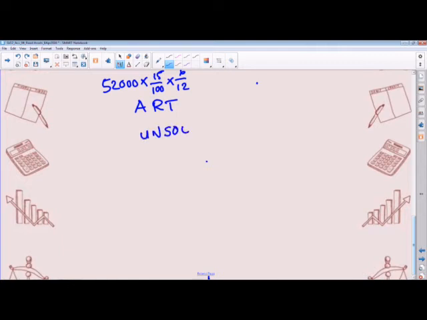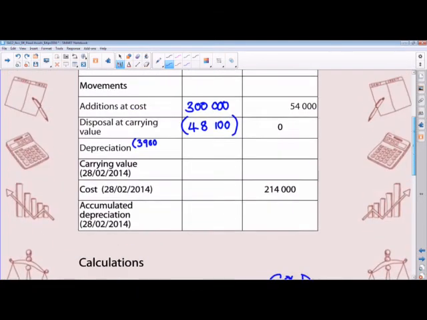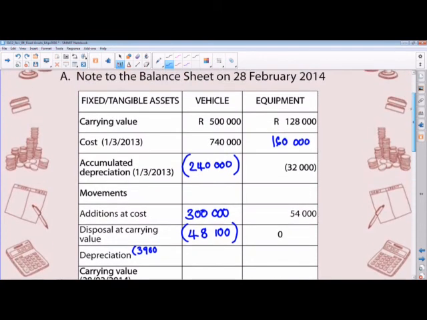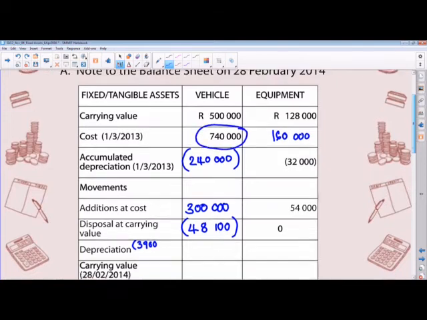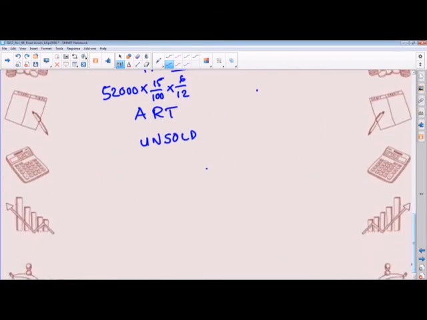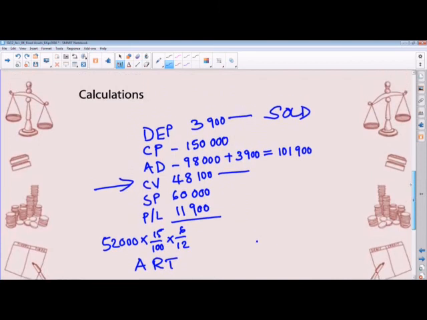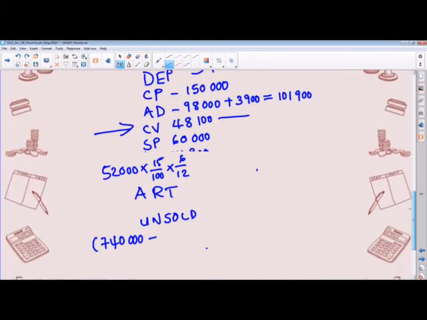And when it comes to unsold, let's start off with my given information. My vehicles had a cost price of 740,000. Okay, so I open my bracket and I say 740,000 minus the cost price of the vehicle that was disposed of, which was 150,000.